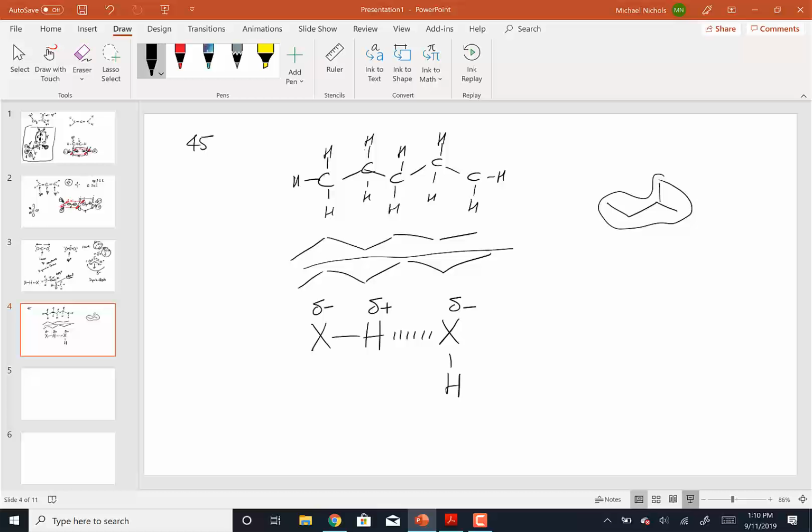The X's can be what 3 elements? O, N, F. So X can be either O, N, or F. And so that means the X's here can be a combination of an O and an N, or an O and an F.